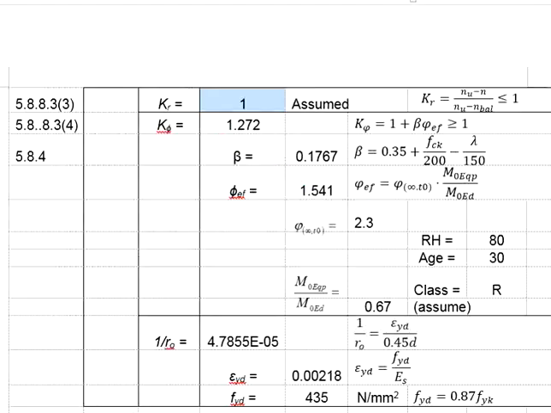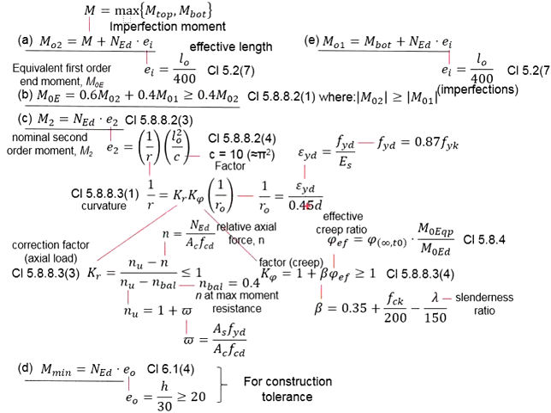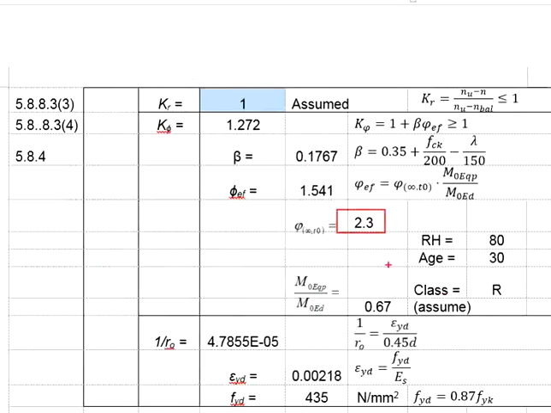That gives you beta equals 0.1767. Next, you need to get the effective creep ratio. These two values are assumed. We simply adopt these two values, acquire the effective creep ratio, substitute them into the equations, you get the K phi.